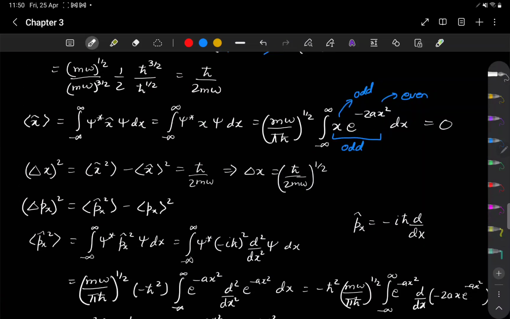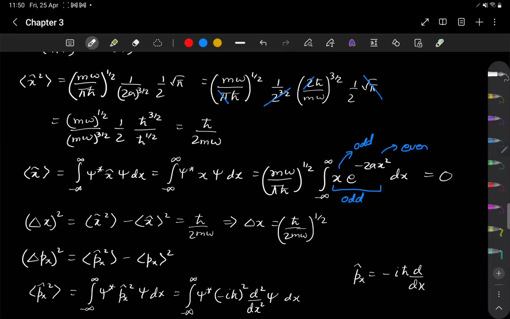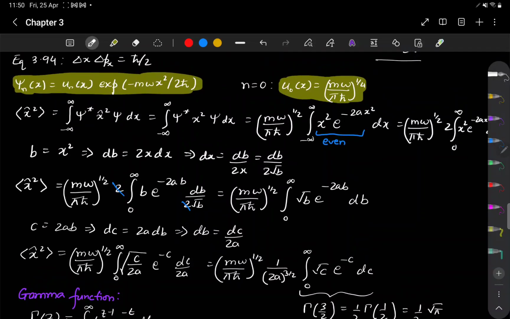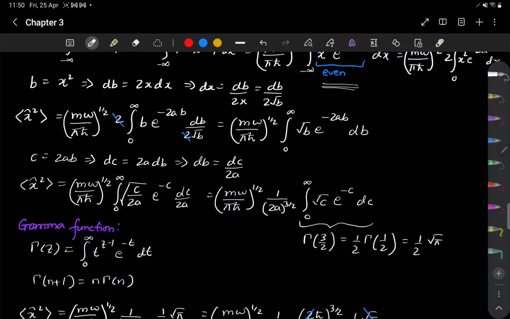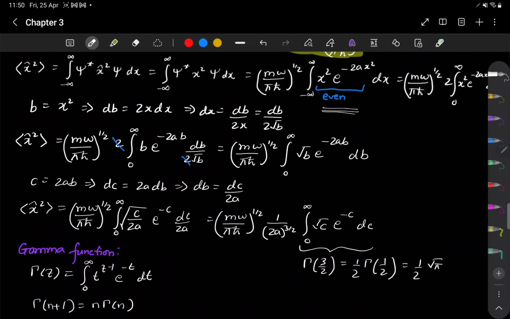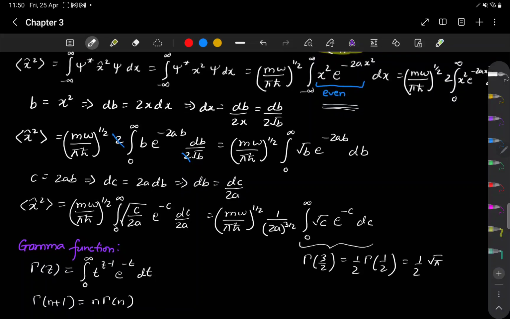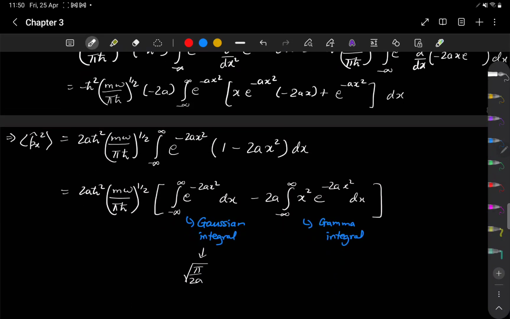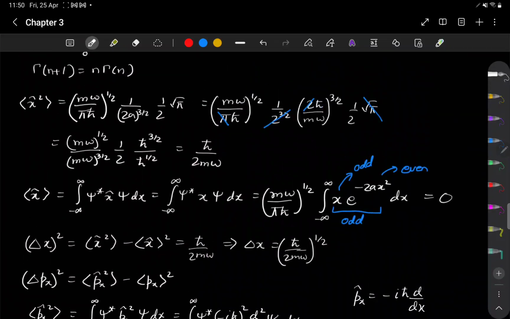Let me just go back. Yes, this integral right here we evaluated. This is the exact same integral that we need over here, x squared e to the power minus 2a x squared dx.